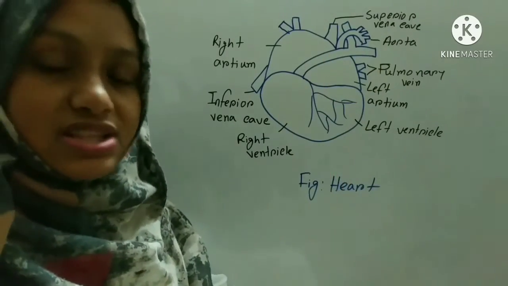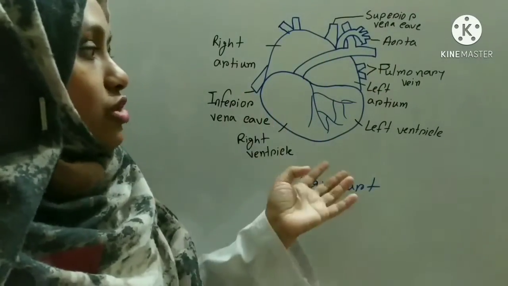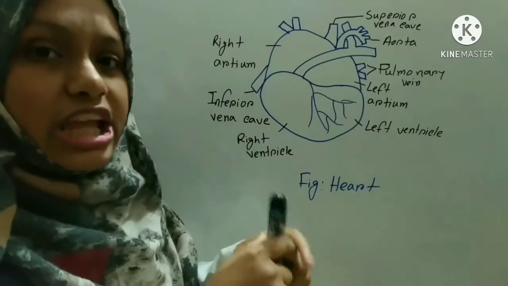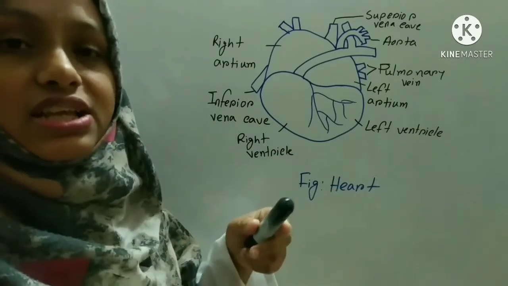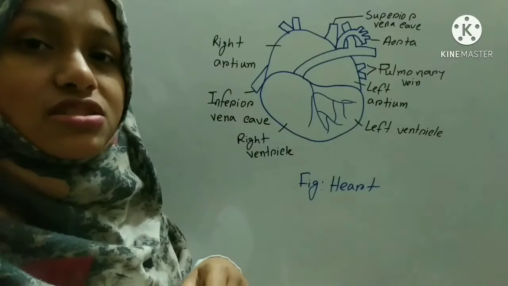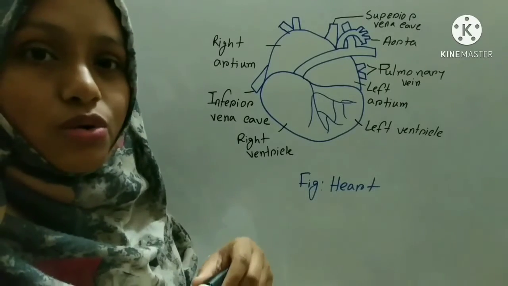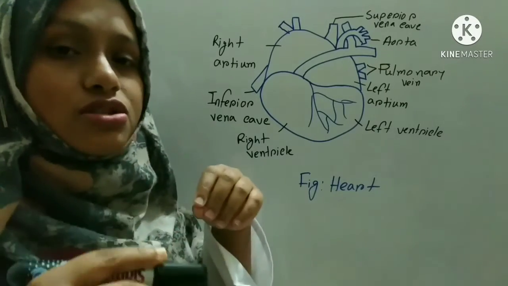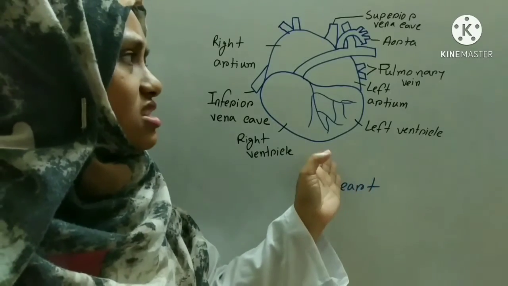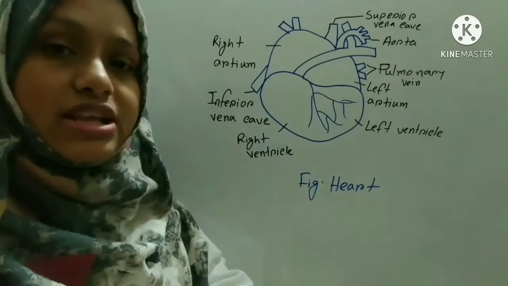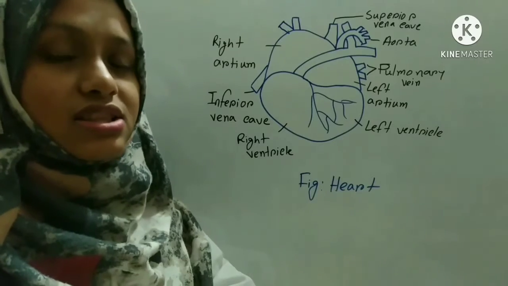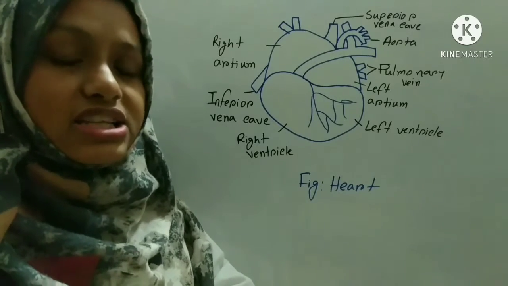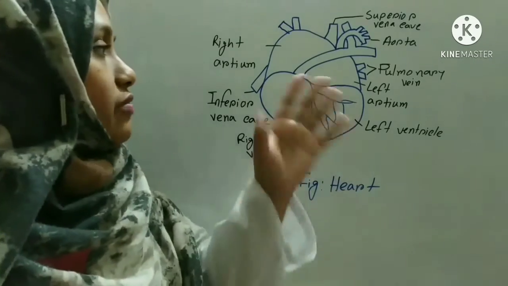So let's see. You can see that if you draw the figure and label it, you can describe it easily. It is not a big deal. Okay, so you practice to draw the figure. If you practice this just 1 or 2 times, you can easily draw the figure, and then it is much easier for you to describe it.